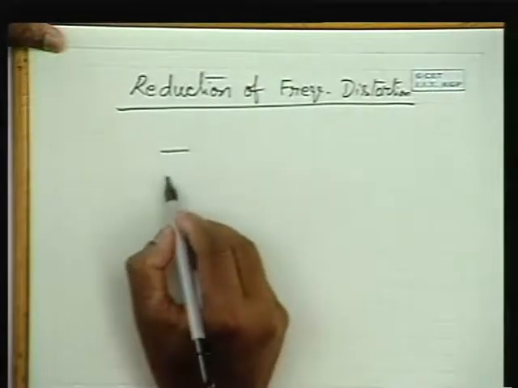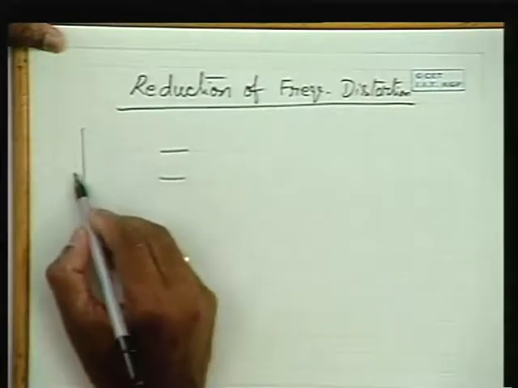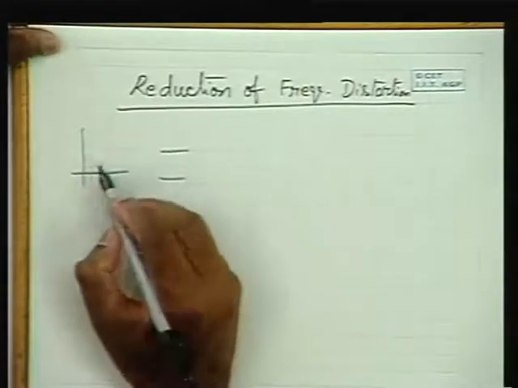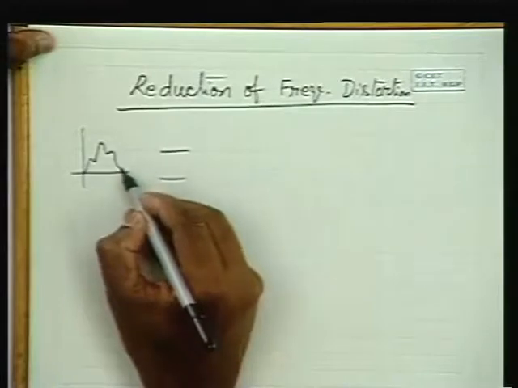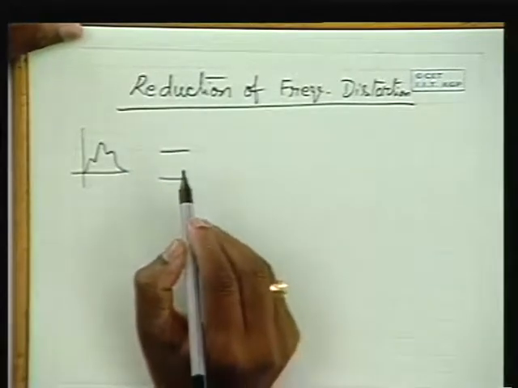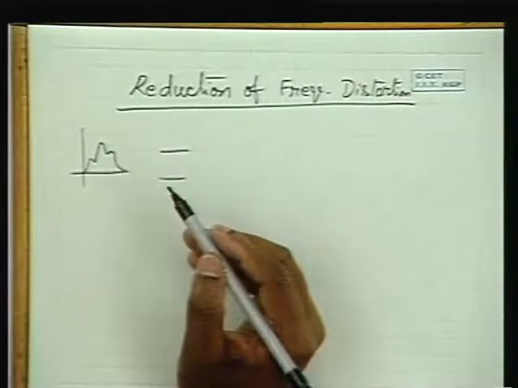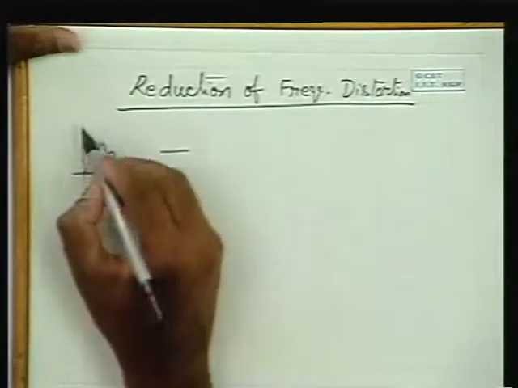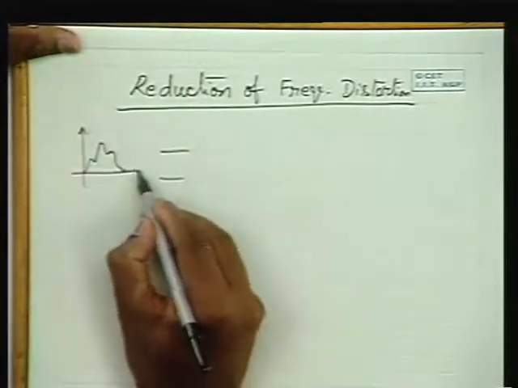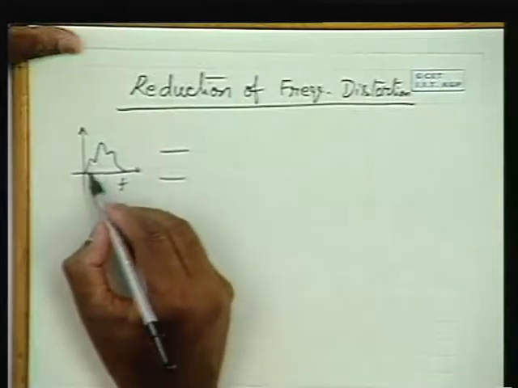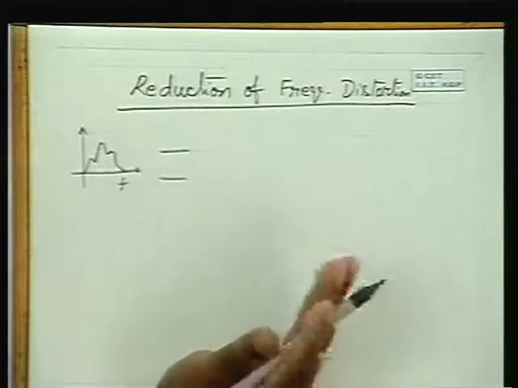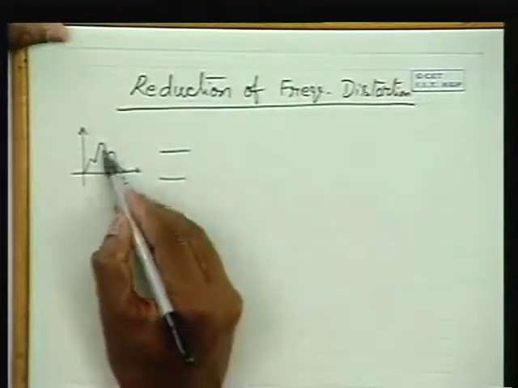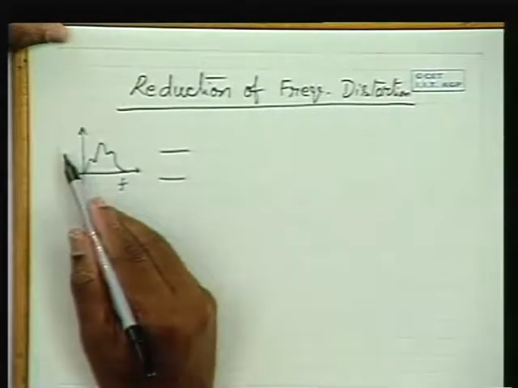When the input signal is divided into different frequency components, that means if you expand the input signal or find the spectrum of the input signal, you find that different frequency components have different amplitudes.